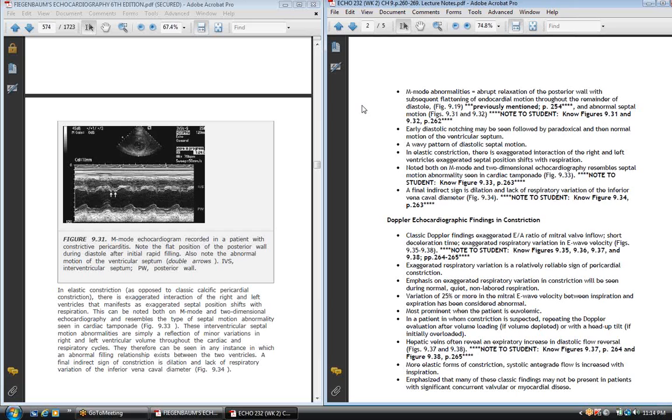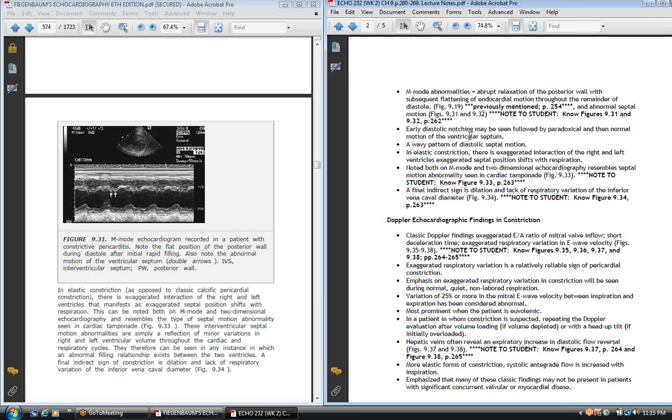And note the abnormal motion of the ventricular septum where the double arrows are. That's indicative of constrictive pericarditis.